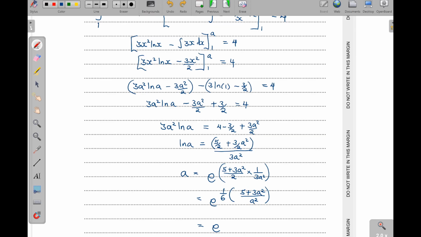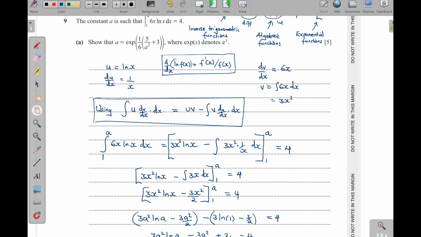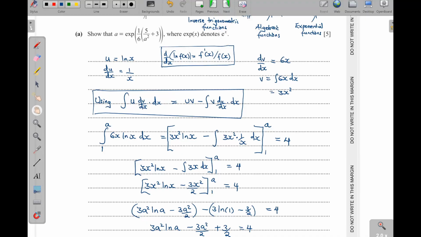That means I can have here 1 over 6, then into 5 over a squared, then plus the 3. So that will be my a, as simple as that. I think that is what they told us to prove here. Yes, that is it. When you check this one here, this one is supposed to be e to the power of 1 over 6, and the rest of whatever is here. You see that?